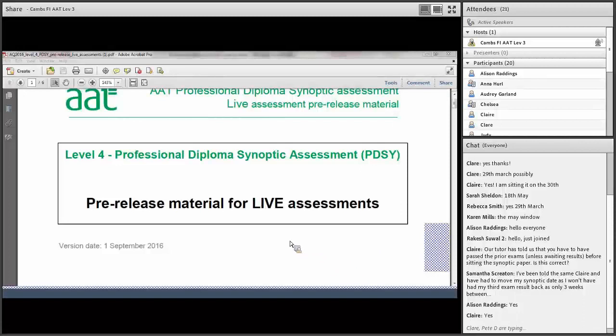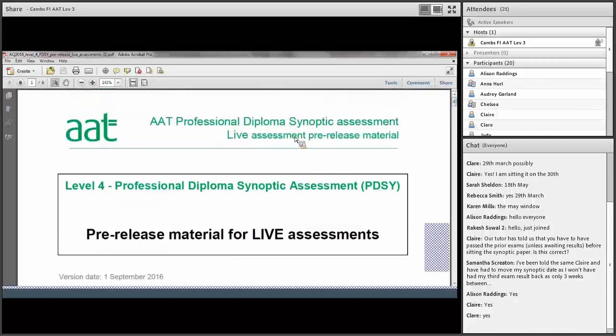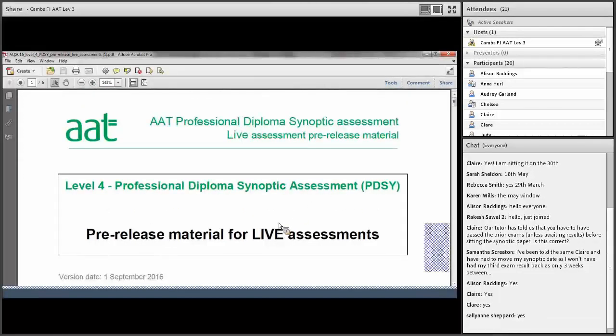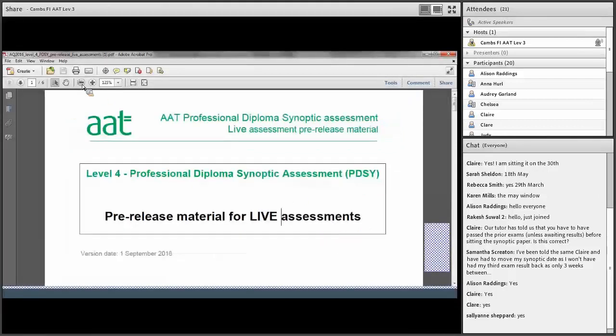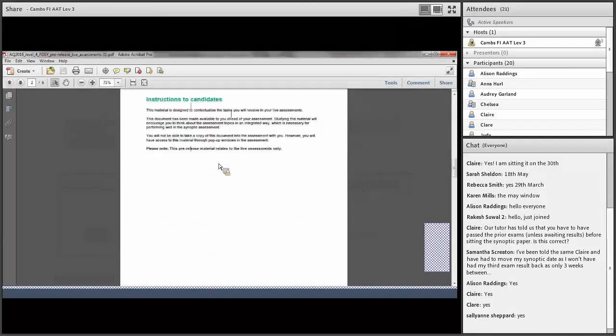Lovely, the technology works. I can't tell from my screen whether it has shared an additional document with you, so that's great. We've got, and this is the pre-release material that's come from the AAT website, and we're just going to have a brief look through it. I'm just going to make it a little bit smaller so I can scroll through it better.